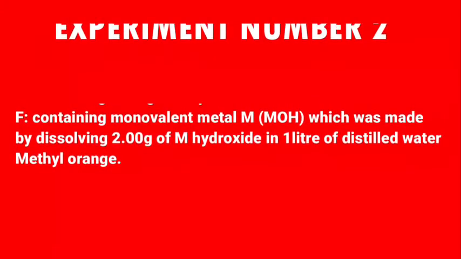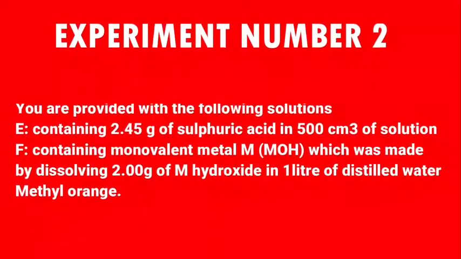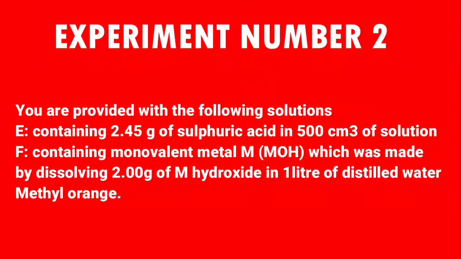Experiment number 2, you are provided with the following solutions. Solution A was made by dissolving 2.45 grams of sulfuric acid in half a liter of solution.